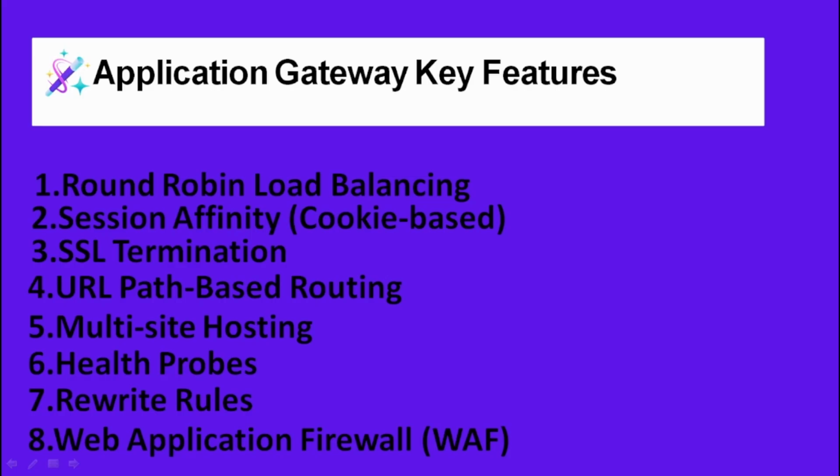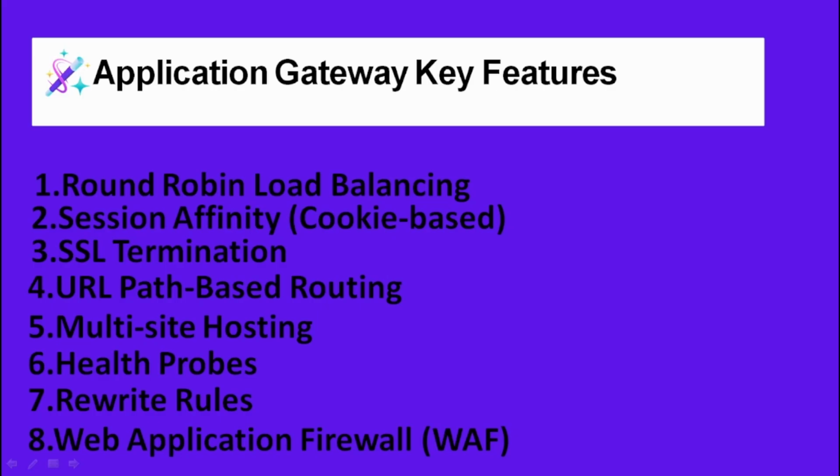With URL path based routing, you are defining one path called images. It will route that request to the specific backend VMs where we are processing or managing the images. In the same way, let's say you have a second path based route called videos.